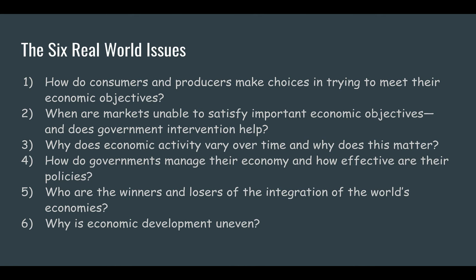Now, why does economic activity vary over time, and why does this matter? That's really important. We're going to talk about the boom and bust cycle, essentially the business cycle. And we're going to ask why this happens. Why can we not just have unprecedented wealth and growth for the rest of our lives? Another question is, how do governments manage their economy, and how effective are their policies?